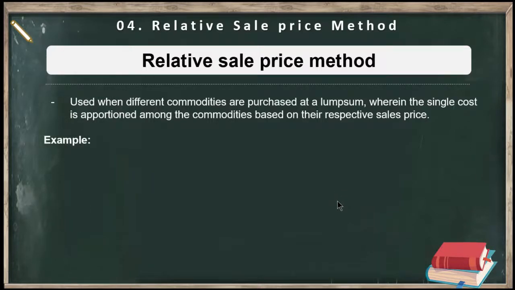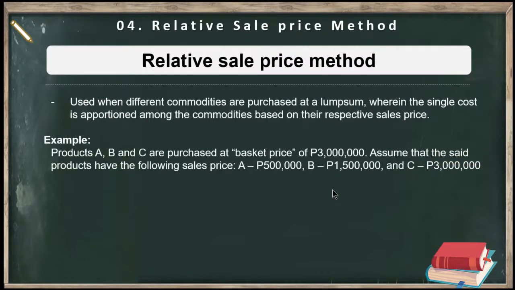For example, we have products A, B, and C, which are purchased at a basket price or lump sum of 3 million. Assume the products have the following sales prices: 500,000 for A, 1,500,000 for B, and 3 million for C. How do we determine the cost of each product?